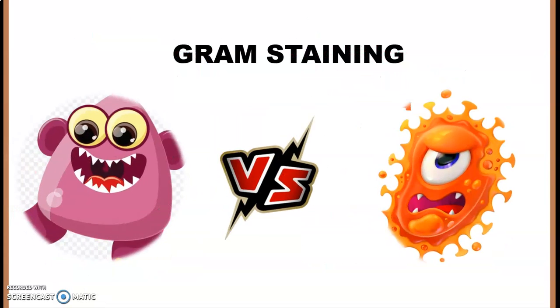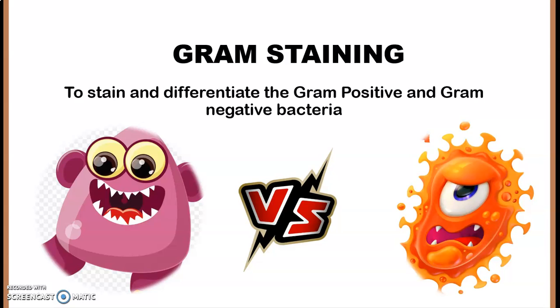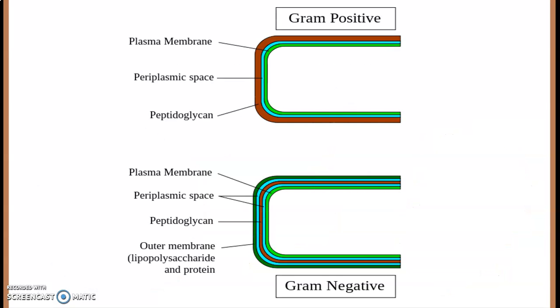So what is Gram staining? It is basically a staining procedure which is used to differentiate the Gram positive and Gram negative bacteria. Before we move ahead, we should first know some basic things about the Gram positive and negative bacteria, which is basically about their cell wall, its composition, abundance, and structure. Here we can see that the cell wall of Gram positive, this brown structure, is made up of peptidoglycan, which is also present in the Gram negative.